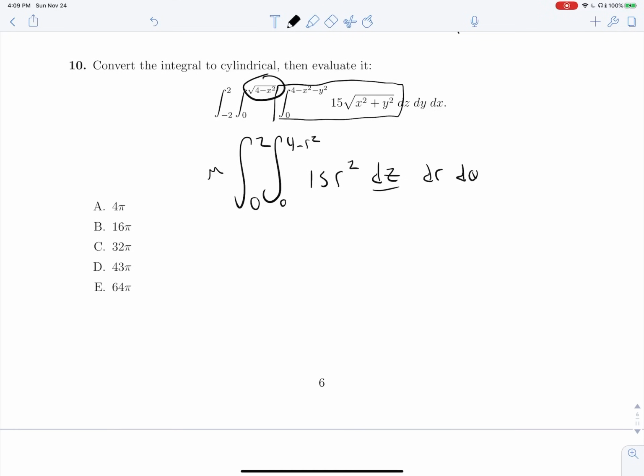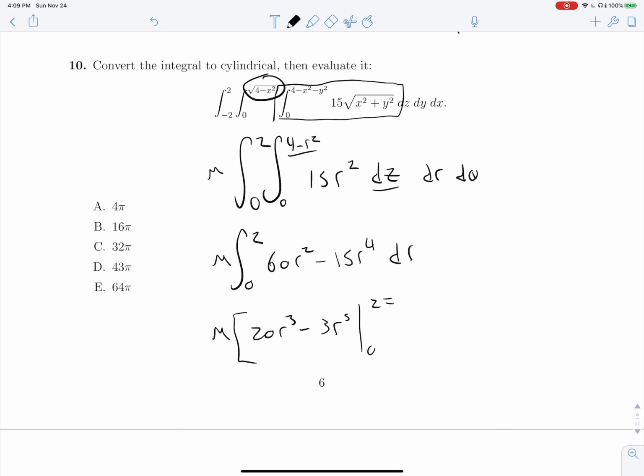Since we're not bounded on z at all, all we have to do is multiply this thing in, and we're left with the integral from 0 to 2 multiplied by pi of 60 r squared minus 15 r to the 4th dr. And this is going to become pi times the quantity 20 r cubed minus 3 r to the 5th on 0 to 2.